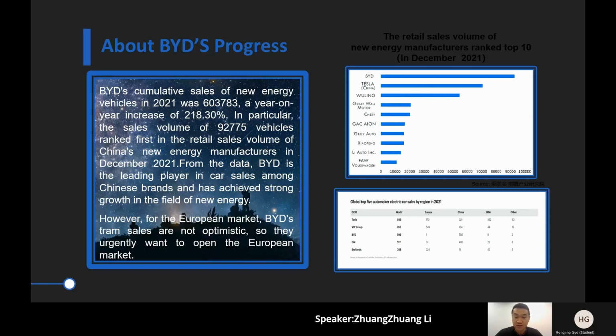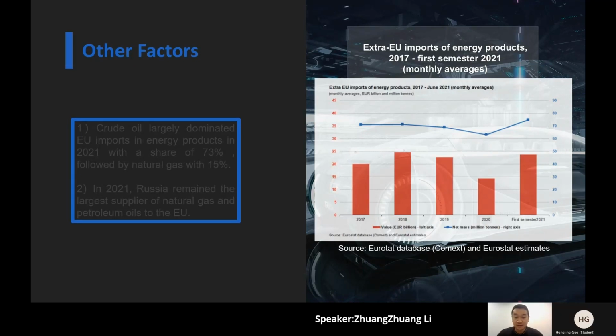According to discussion with the decision maker, they want to enter the European market, and the UK is a good place to start. And the last part: most of Europe's energy depends on imports. The UK government wants to find alternative energy sources to ease demand for oil.